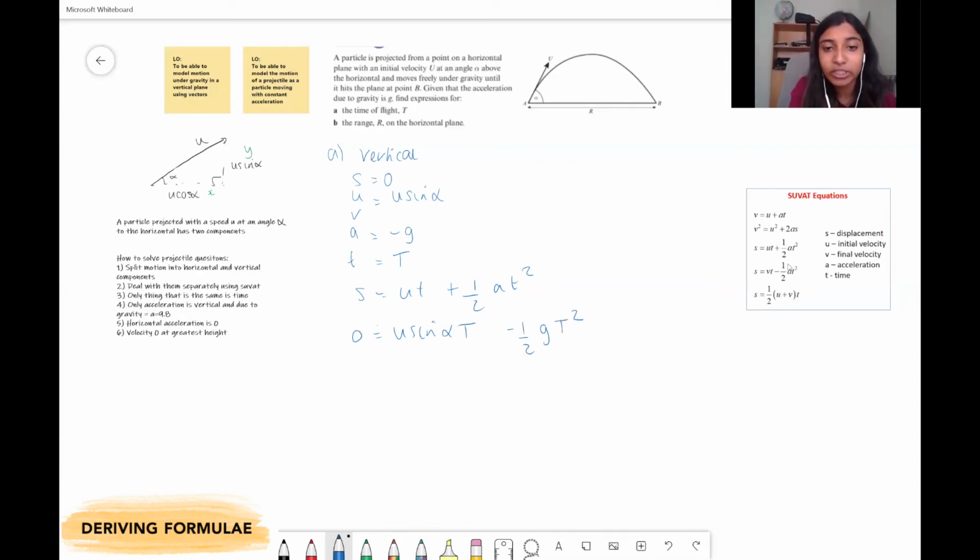Now if we rearrange this, we would get a half g t squared is equal to u sine alpha t. Now we can cancel t from this side. Now if we rearrange to get t by itself, we'd have t is equal to 2u sine alpha over g. And that's our formula for the total time of our flight.